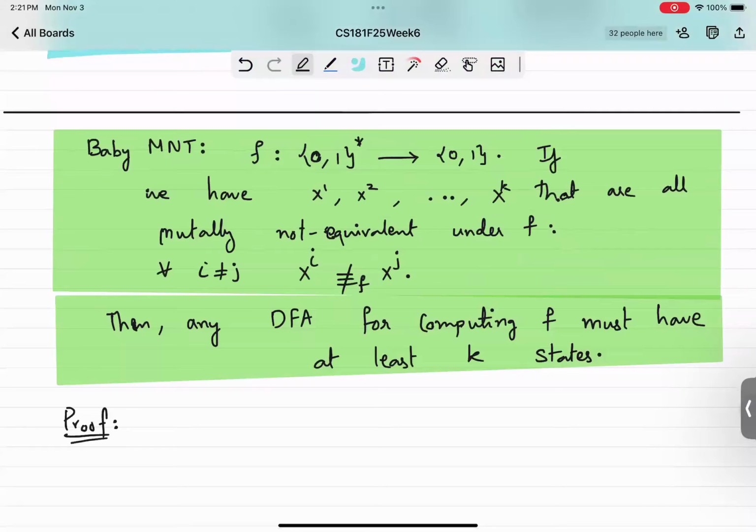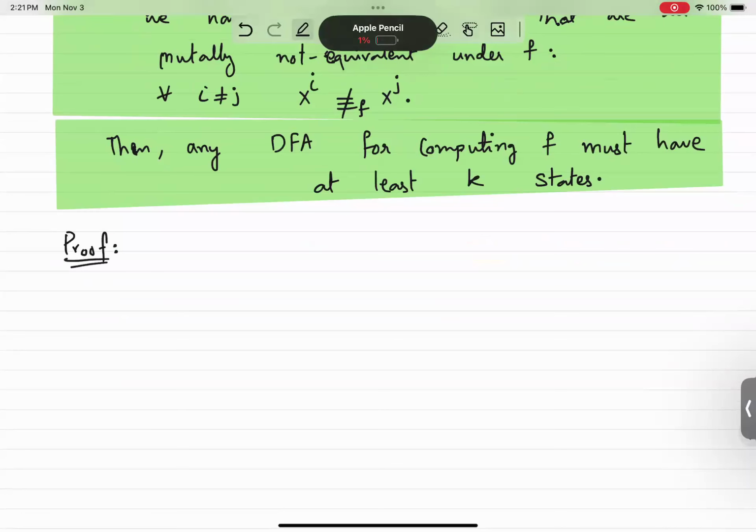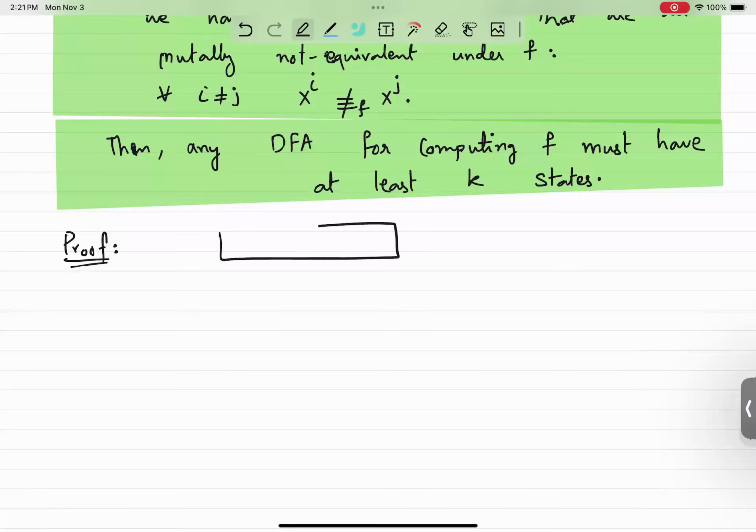Now, any suggestions on how we might prove this? Like, why is it really true? What is it saying, right? So it's saying somehow, suppose I have these k strings, x1 through xk, they could be same length, they could be different length. Doesn't quite matter.